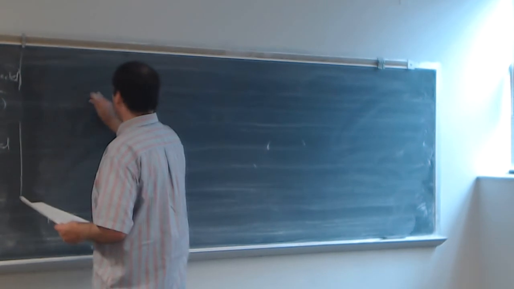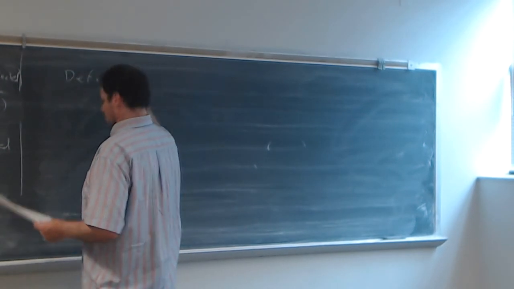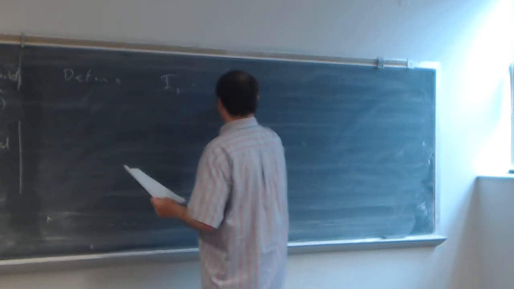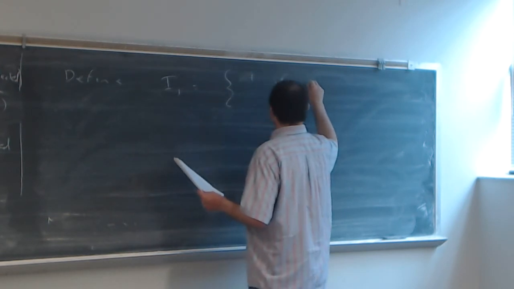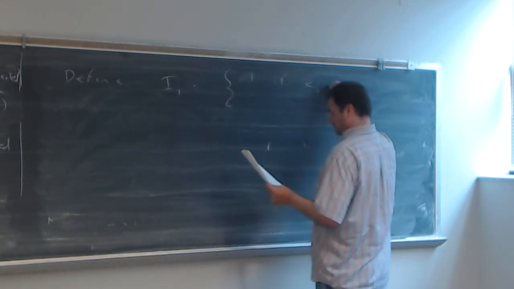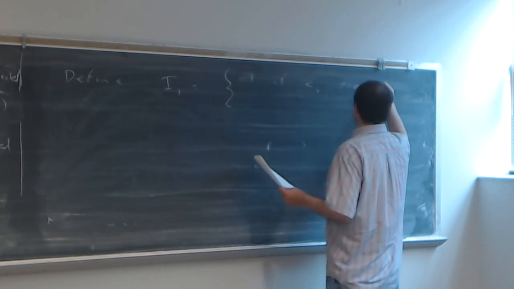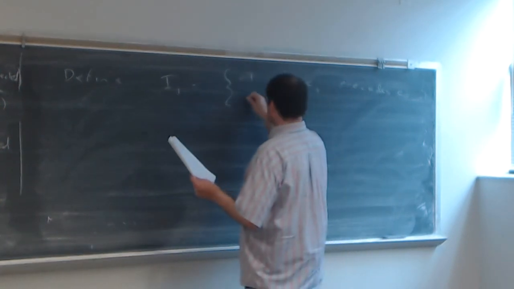Okay, so we're going to define I_j equaling 1 if E_j precedes, so it comes before, E_I, and 0 otherwise.